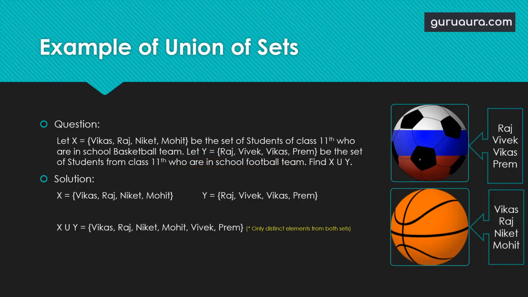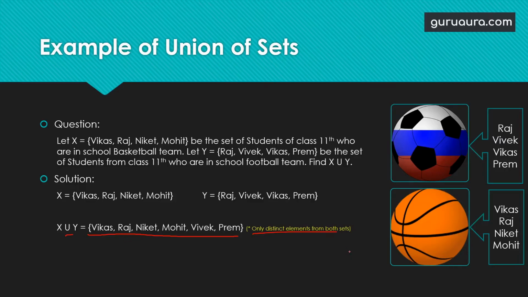As set X has 4 elements, that is Vikash, Raj, Niket and Mohit, and set Y also has 4 elements, that is Raj, Vivek, Vikash and Prem. The union of set X and Y will consist of 6 elements, which are Vikash, Raj, Niket, Mohit, Vivek and Prem, because a union of sets consists of only distinct elements from both the sets.